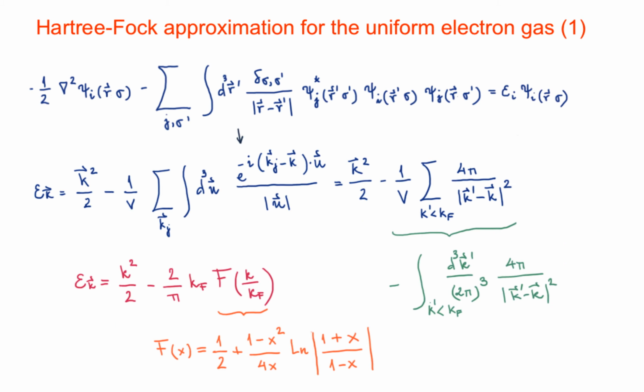And now we're going to analyze the eigenvalues associated to these Hartree-Fock equations. In order to get them, we plug into the Hartree-Fock equations for the uniform electron gas, where we basically have the kinetic energy and the exchange term, the plane waves.